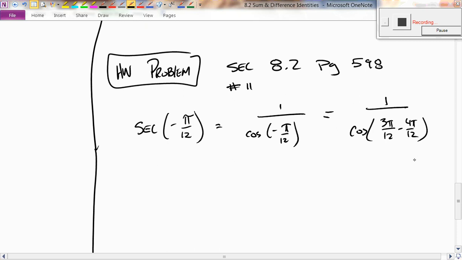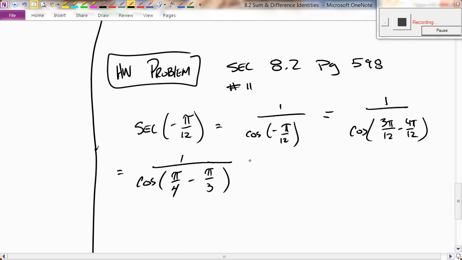Whenever you can use 3 and 4 over 12, use them, right? So that gives you 1 over the cosine of 3 pi over 12, which simplifies to pi over 4, yeah? Minus 4 pi over 12 simplifies to pi over what? Pi over 3. There we go.